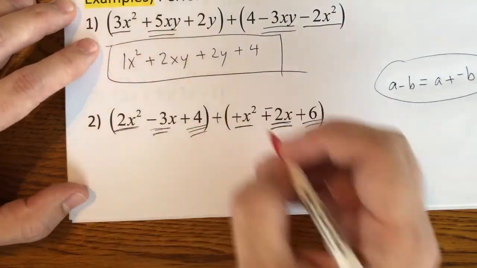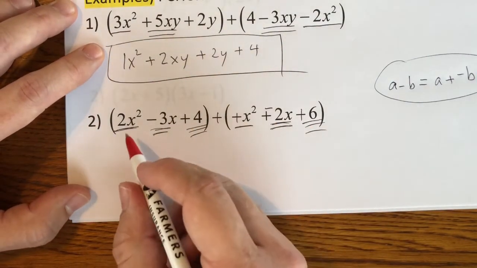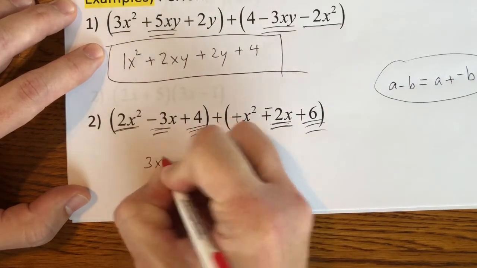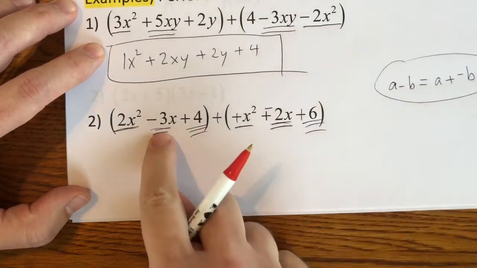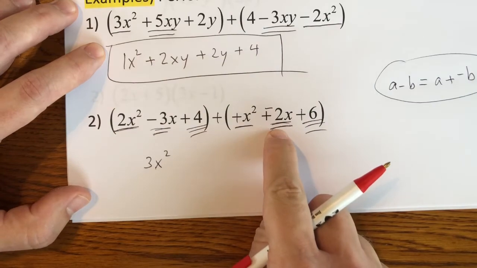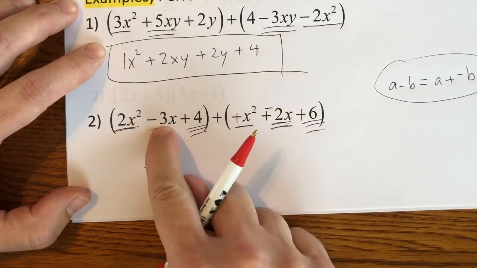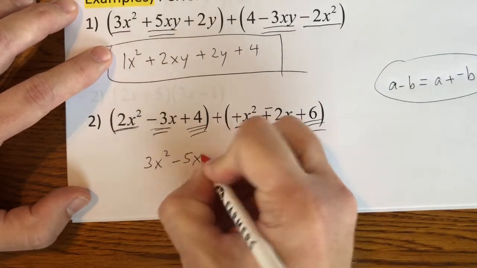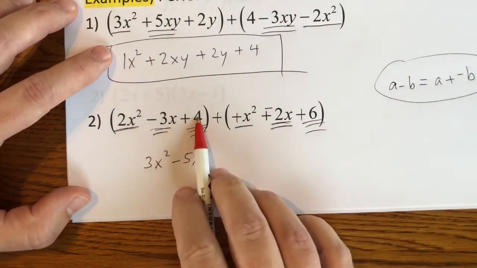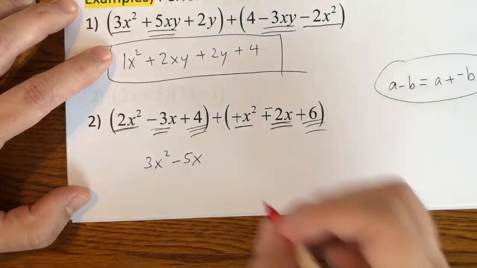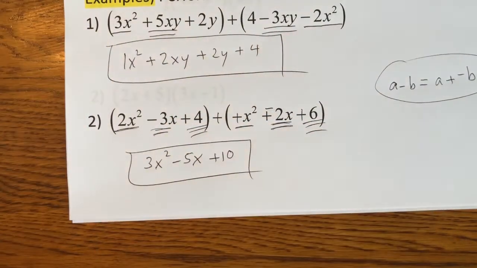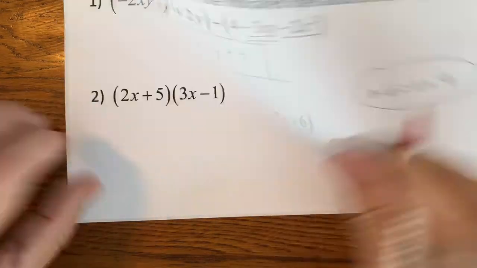Let's go ahead and combine them. So 2x squared plus x squared, 3x squared. Negative 3x minus 2x, negative 3 minus 2, that's negative 5, and x is the like term. Plus 4 plus 6, 4 plus 6 is 10. And that's it. Finished with example number 2.